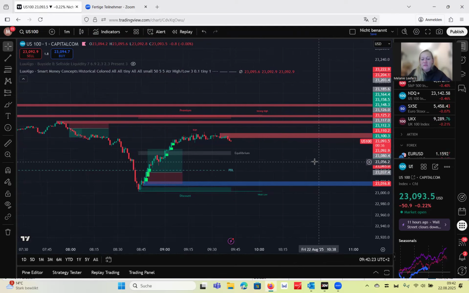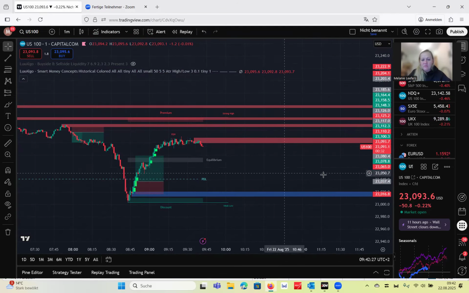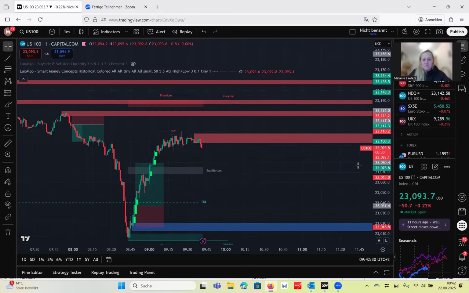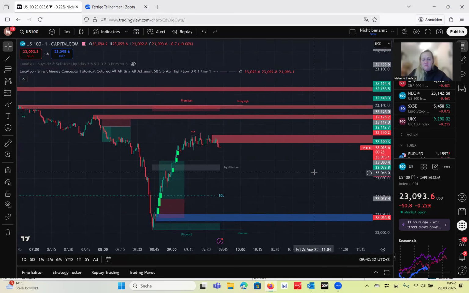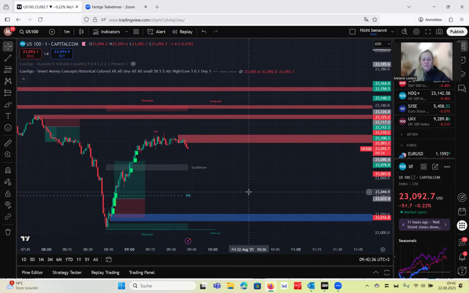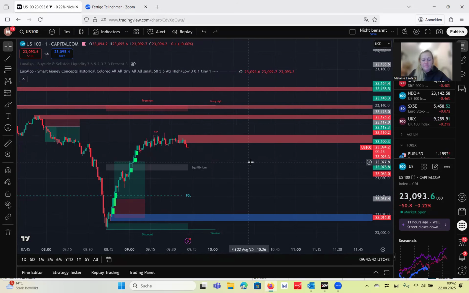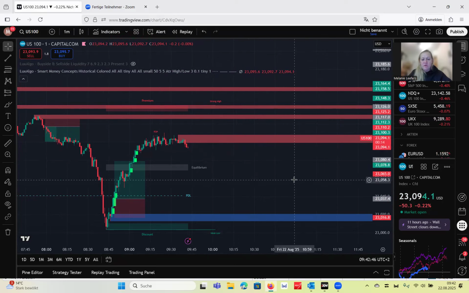So this would be a live trade now. One thing I always want to see is a bullish order block or a bearish order block. This is the most important thing.